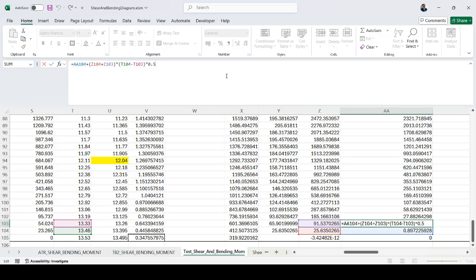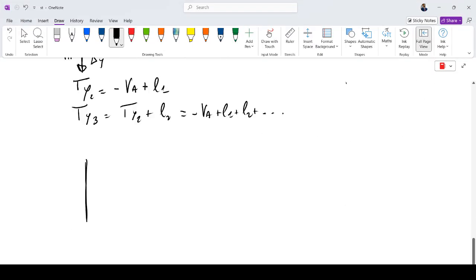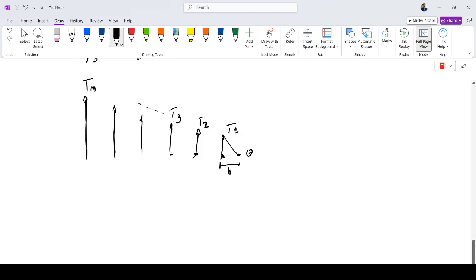Now we have the summation of the previous moment plus the trapezoidal approximation. As made for the shear, now we have this. I make some arrows to represent the shear. So here is 0, T1, T2, T3, and so on, Tn. Starting from here, y0, y1, y2, y3, yn.